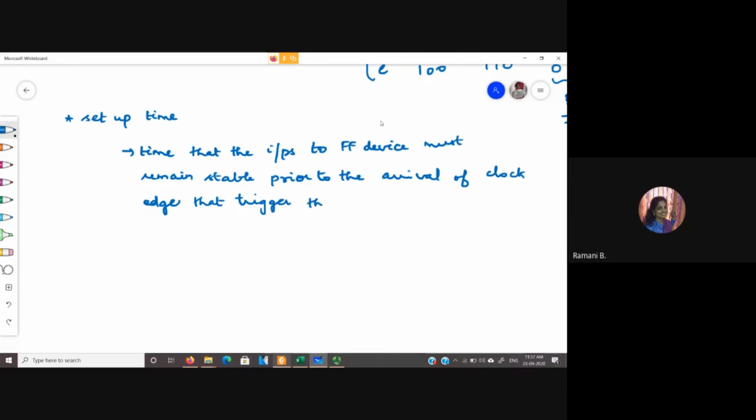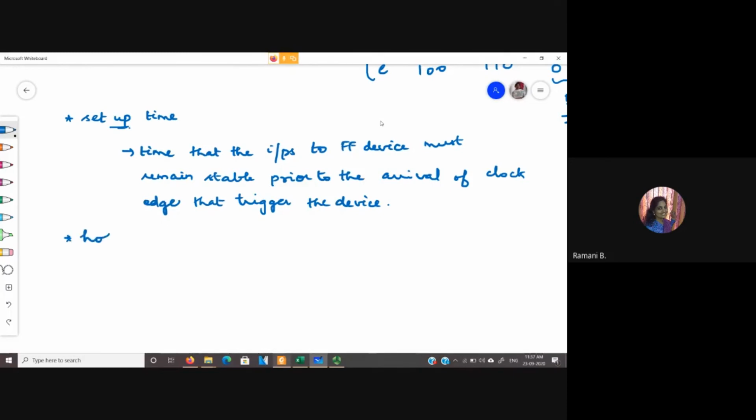With a flip-flop, we know that we need a clock pulse, right? The input given to the flip-flop should be stable before the clock arrives. Then only, as soon as the clock comes, corresponding to the input value you have in the flip-flop, you can get the output. That is called the setup time.